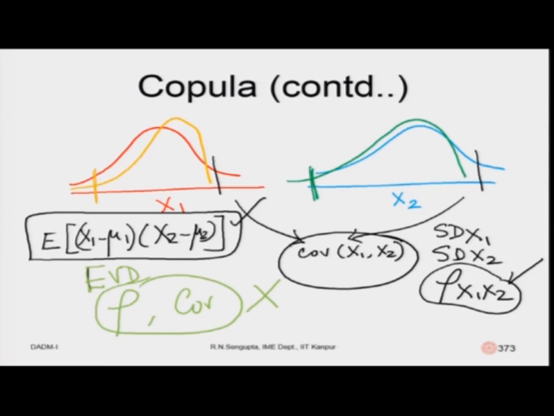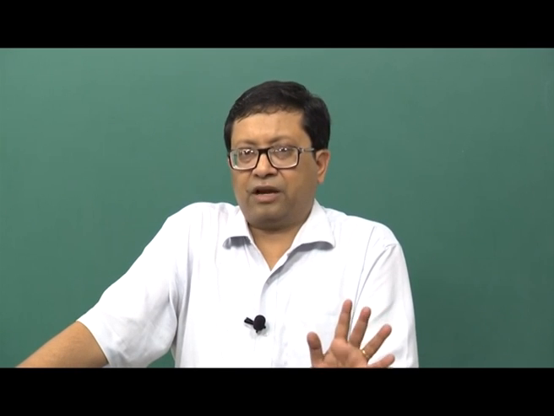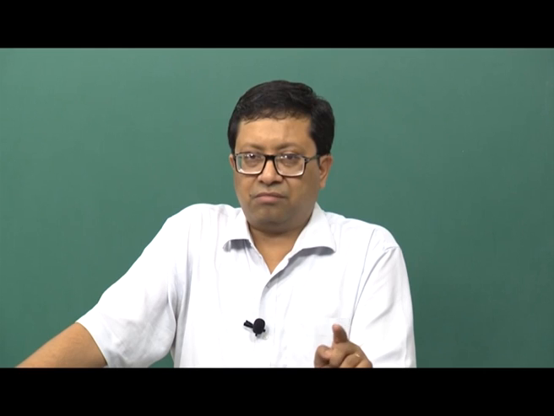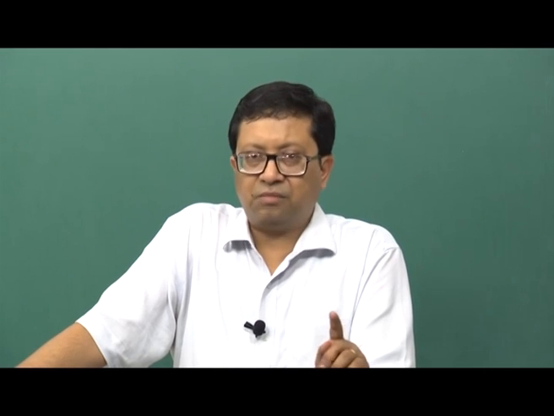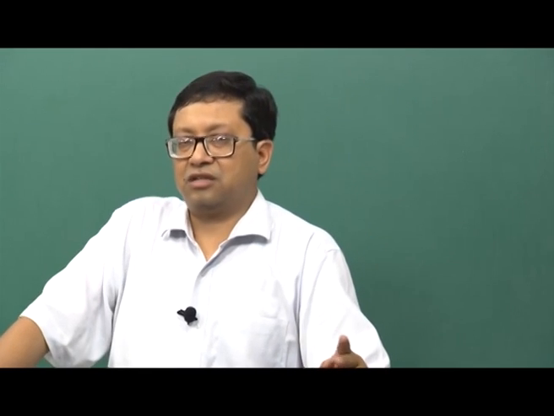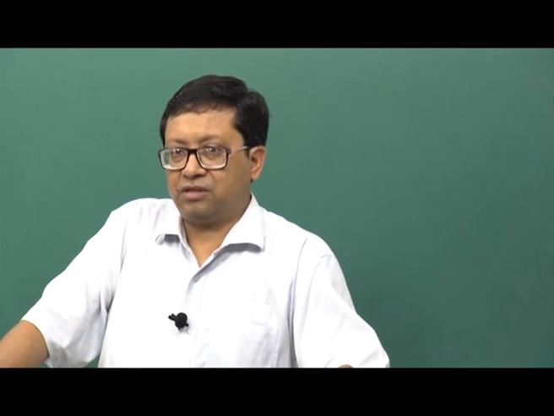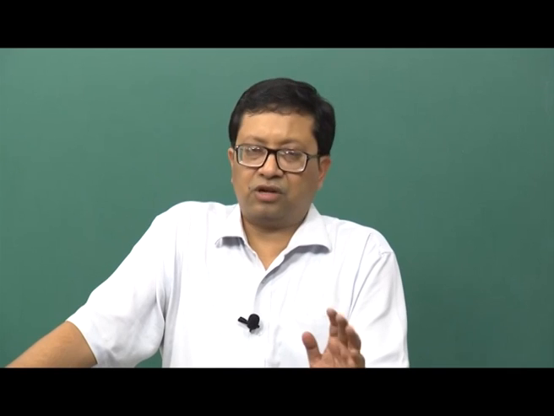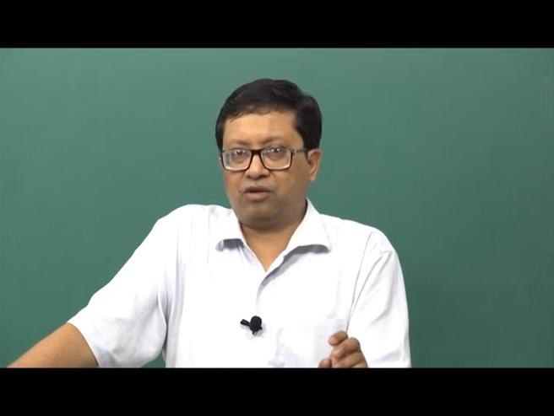I will keep repeating this when we come to the copula, but this is just a very brief background which I wanted to mention when you are going to study the concept of copula in the multivariate case. Considering the whole number of topics we have to cover, it may not be possible to discuss everything, but I thought I would give you a small brief background.